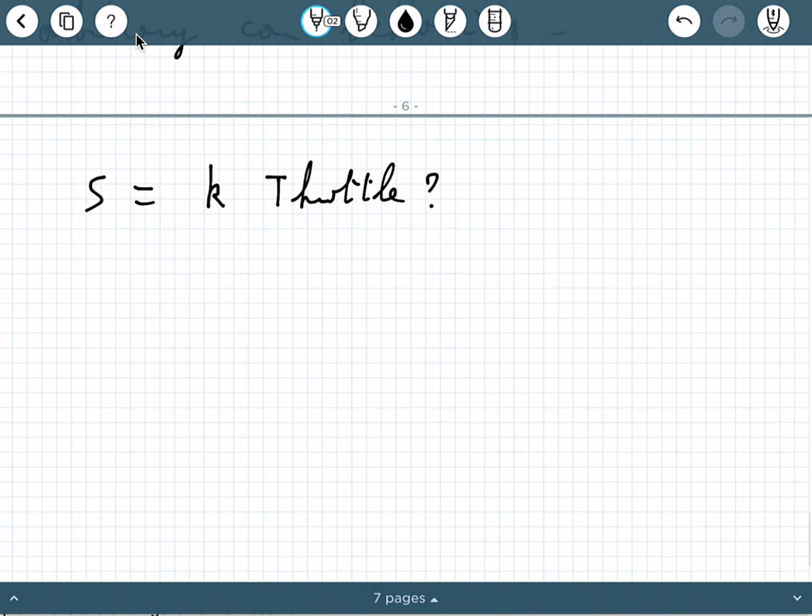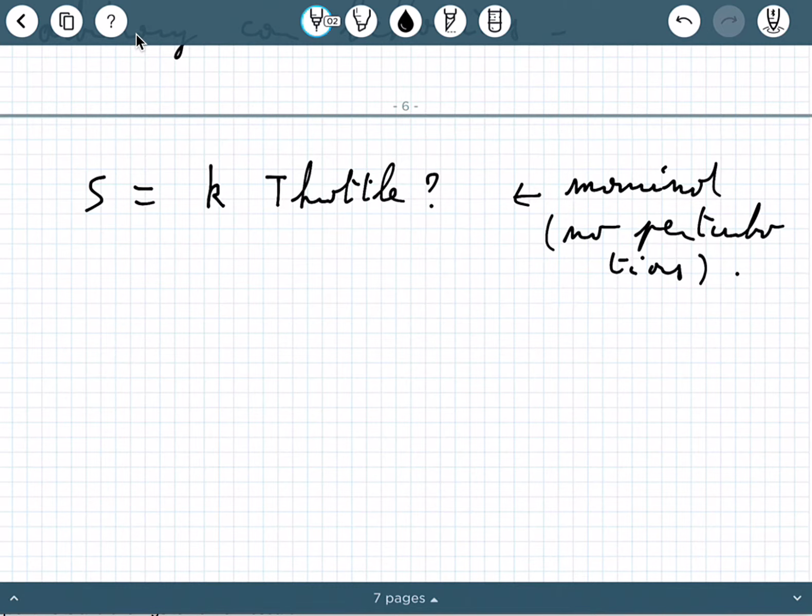Okay. Then things could get a lot simpler. So that's for the nominal. There are no perturbations. If you have perturbations, then you get speed is equal to k times throttle plus a perturbation w.